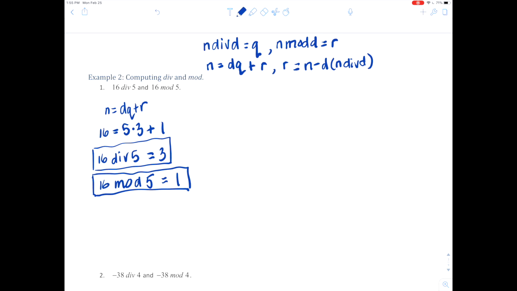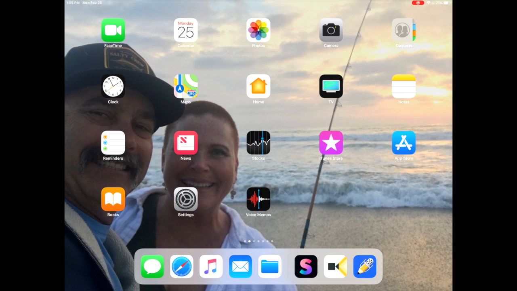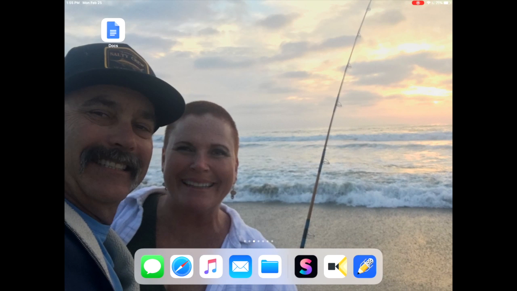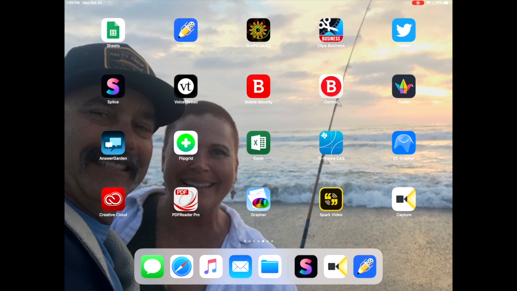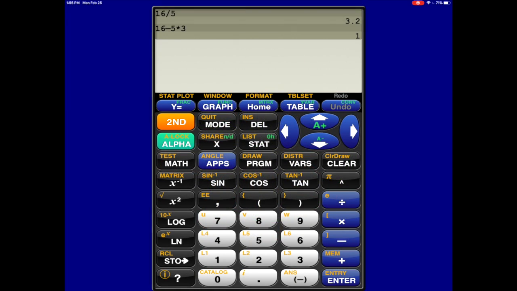Now on the calculator, if you need to see it, what we can do is just go over here. Where's my calculator? Here we go. If I clear this, what you would do is you just take your n divided by your d, which was 5, enter. Notice you get 3.2, so you're just going to be looking at the 3.